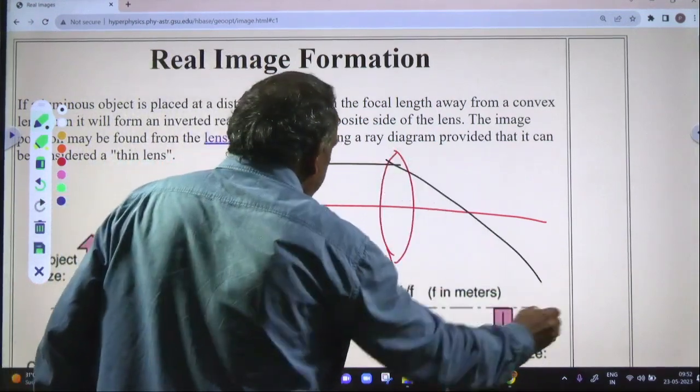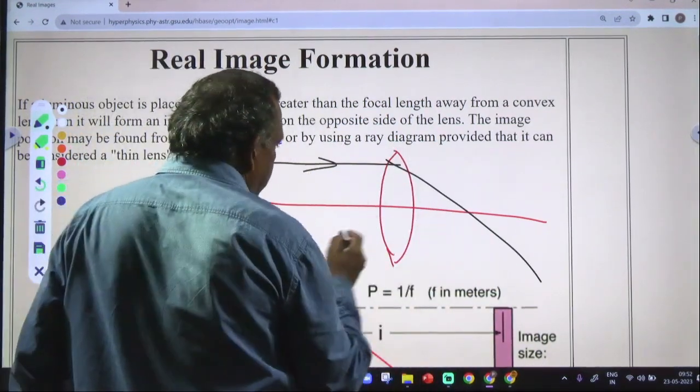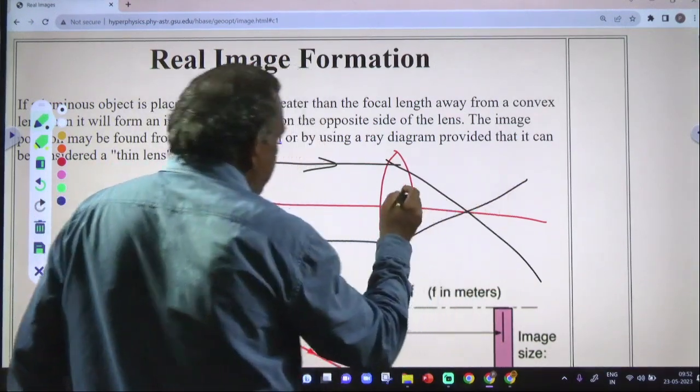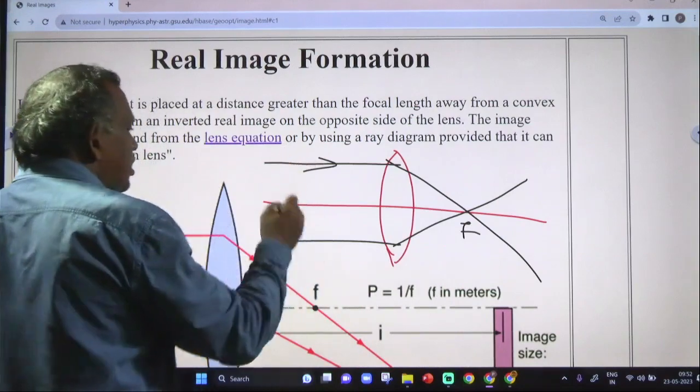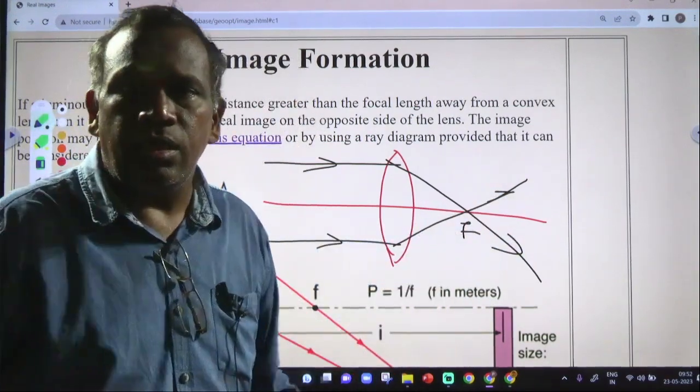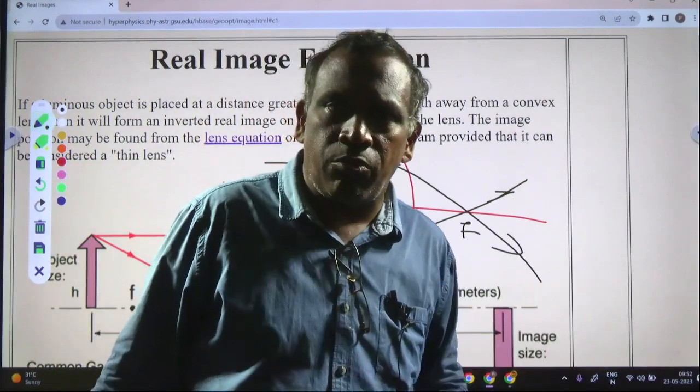They refract and bend like this, and the other light ray also refracts and bends like this. The object is at infinity, and the image forms at the principal focus.